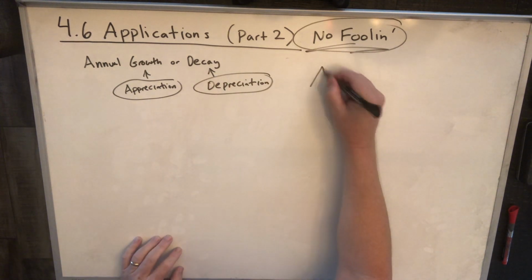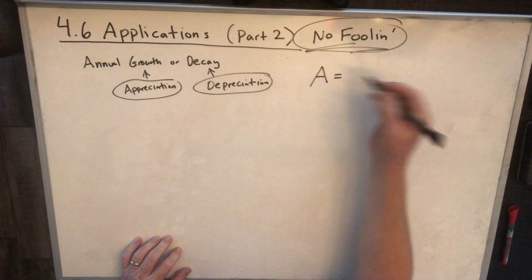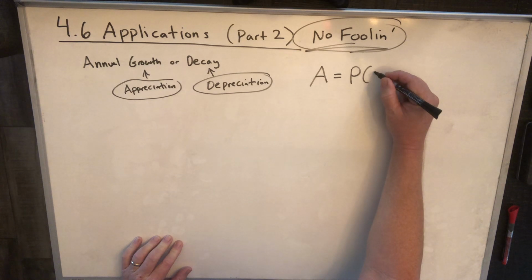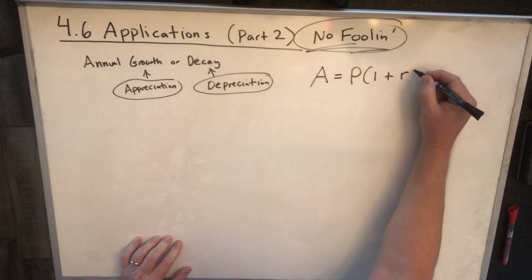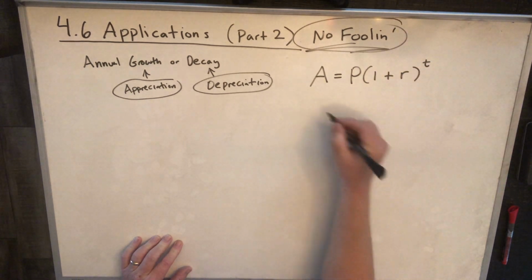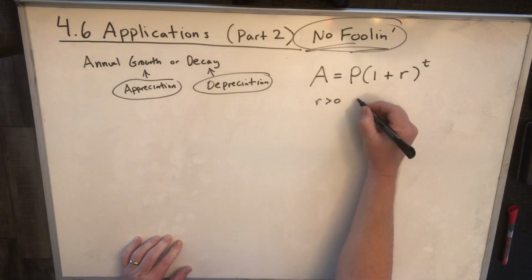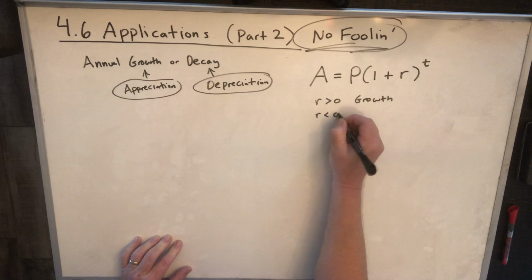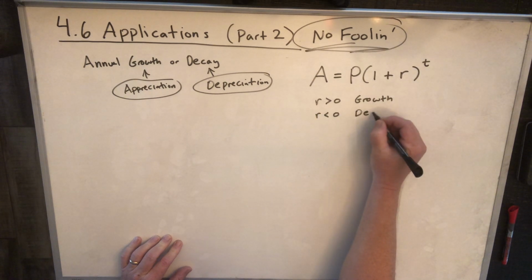Both types use the same formula. For annual growth or decay, we say A is equal to P times the quantity 1 plus R to the T. If R is greater than 0, it's growth. And if R is less than 0, it's decay.